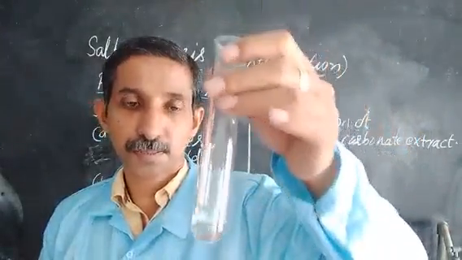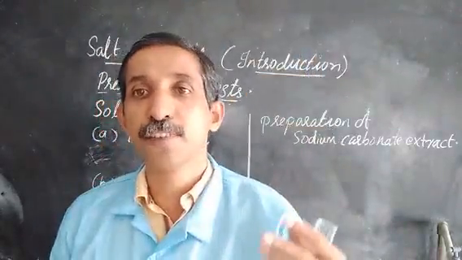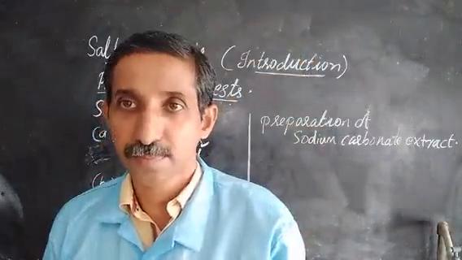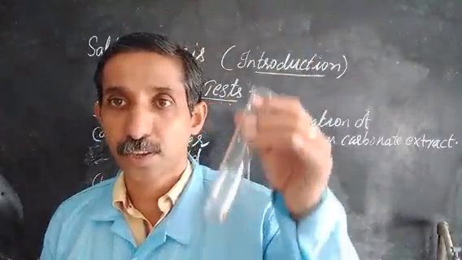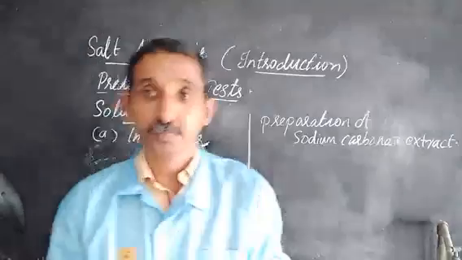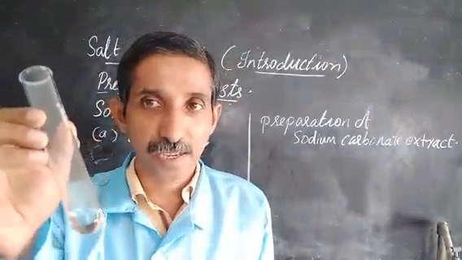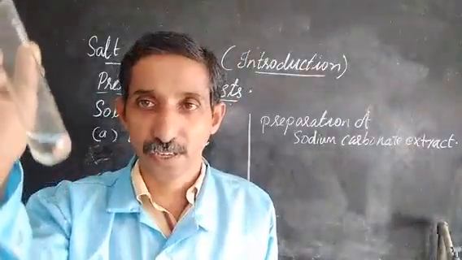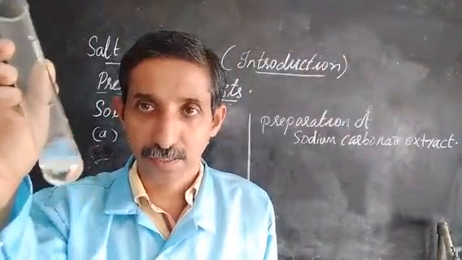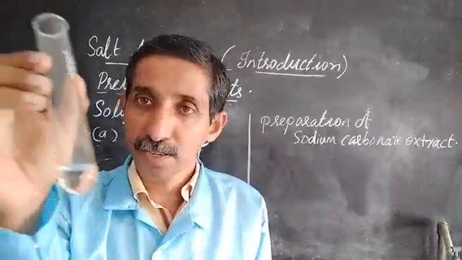Normally the evolution of certain gases is what is characteristic of this test. So as you haven't seen any vigorous reaction on the addition, now you are going to heat the mixture.